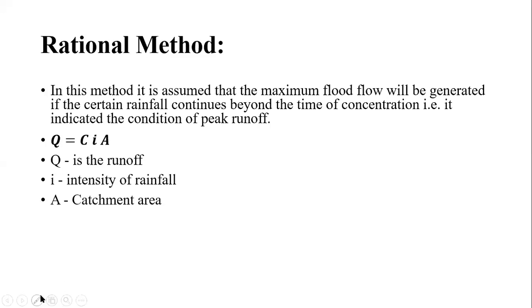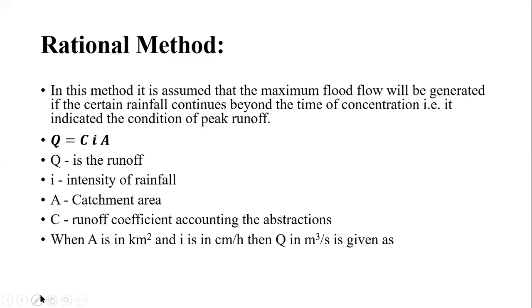If intensity is in centimeters per hour, area is given in square kilometers, and we want Q in meter cube per second, then it is required to convert the units, that is centimeters per hour to meter per second and kilometer square to meter square.